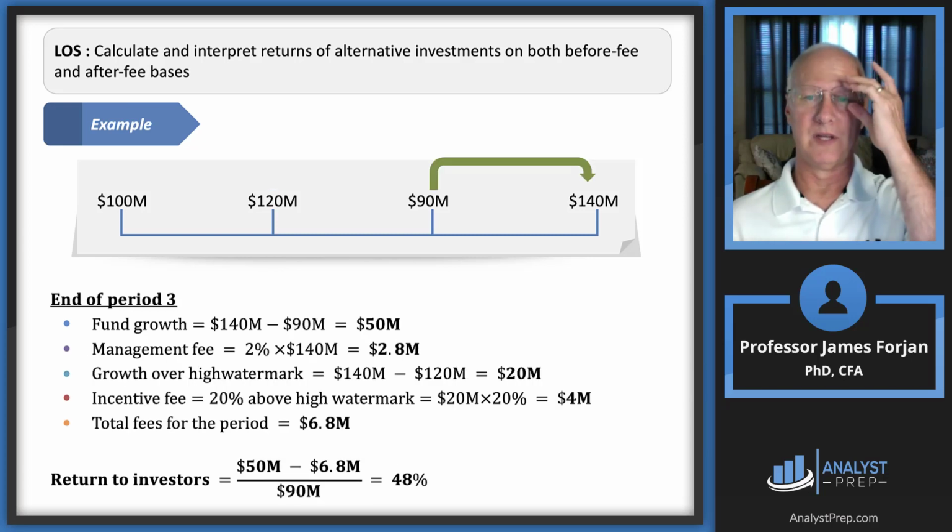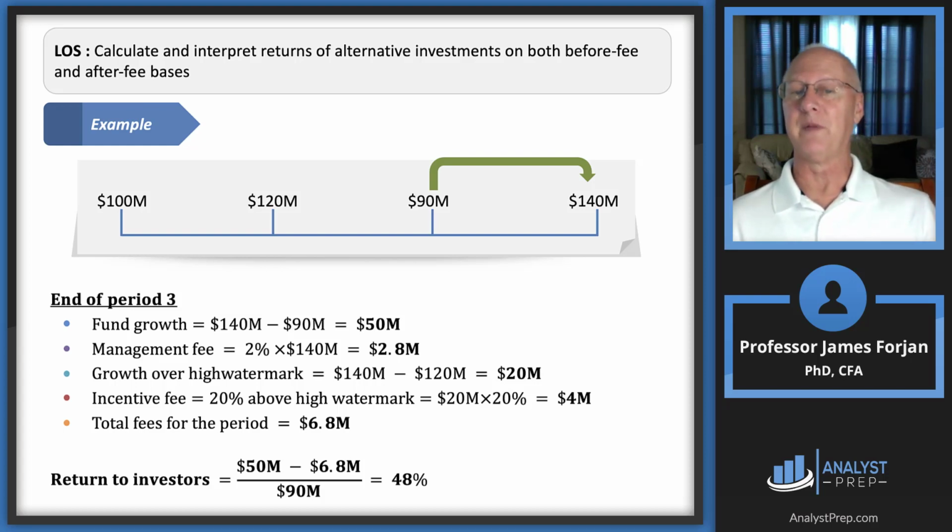Now what happens in time period 3? We go from 90 to 140, so there's 50 million. This is really cool because we've recovered our earlier losses, plus we've gotten over that high water mark of 120. So we need to figure out how all those fees kick in for that third year. What's the good news?